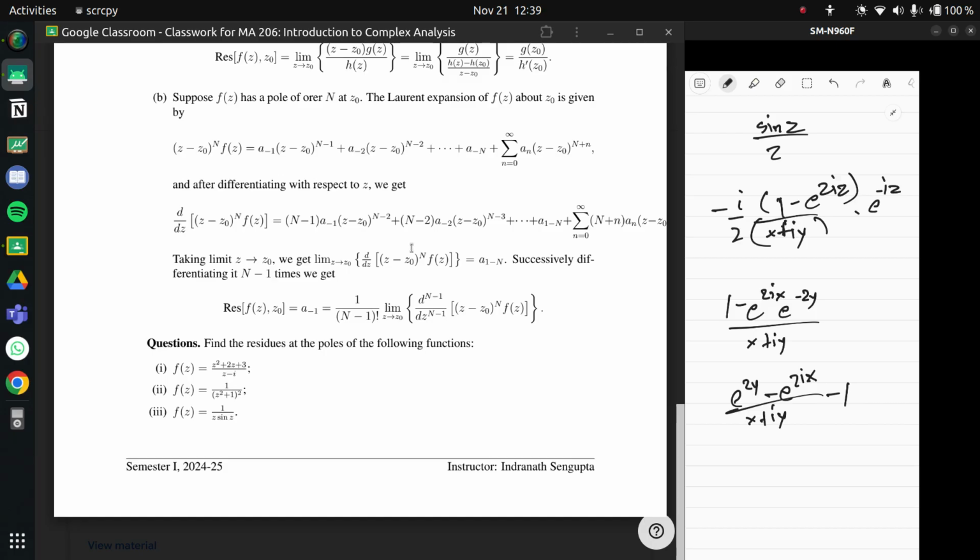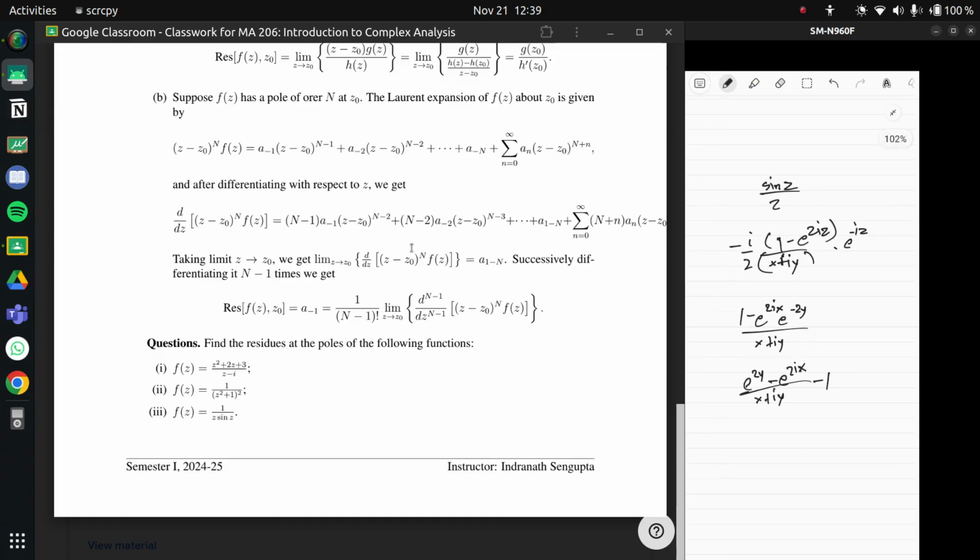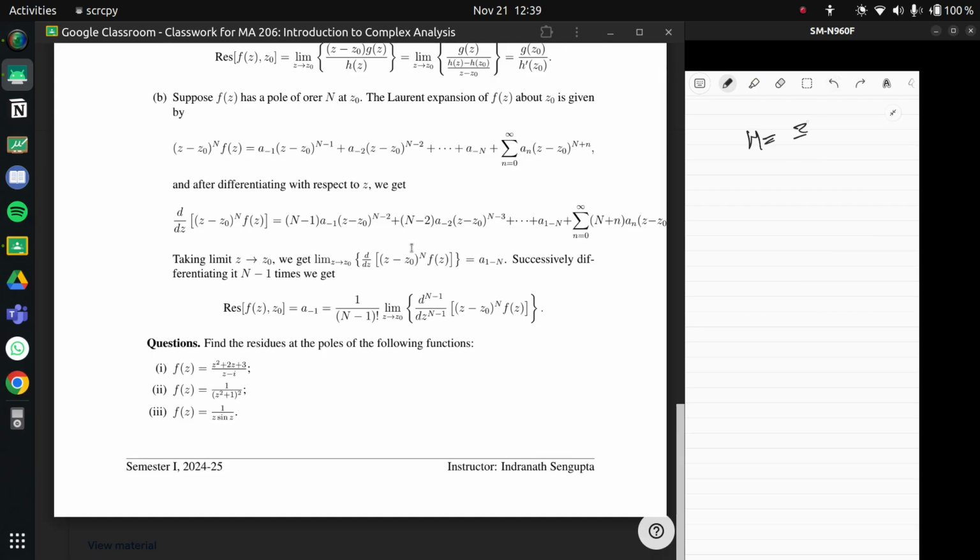I can do that, no big deal. And then I know in that case I can just do it pretty easily. Let's just assume that h is something like z minus z naught, so z square in fact times f z. That is just z upon sine z. This is analytic, I just assume that. In that case I can differentiate this.